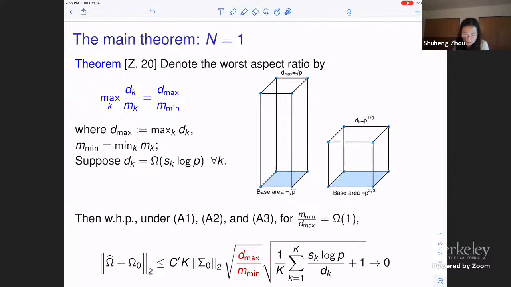For example, an extreme case: if we have a very large dimension along d1, which is square root p, and the product of all the other dimensions, d2 and so on, is also square root p, then this component, which appears in the bias law as the nominal dimension versus the nominal sample size, would become a constant. Then you will have a hard time converging to 0 for a single replicate. Unfortunately, I didn't get to talk about this today, but indeed you can make assumptions and make N equal to 1 work even for the Kronecker Sum model.